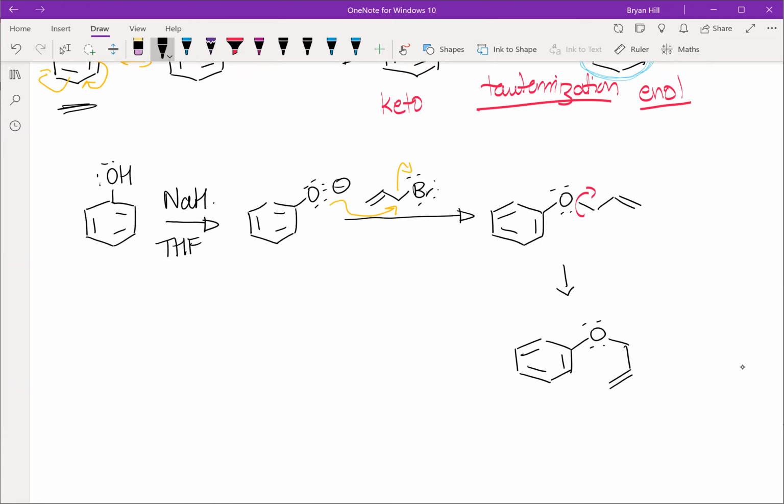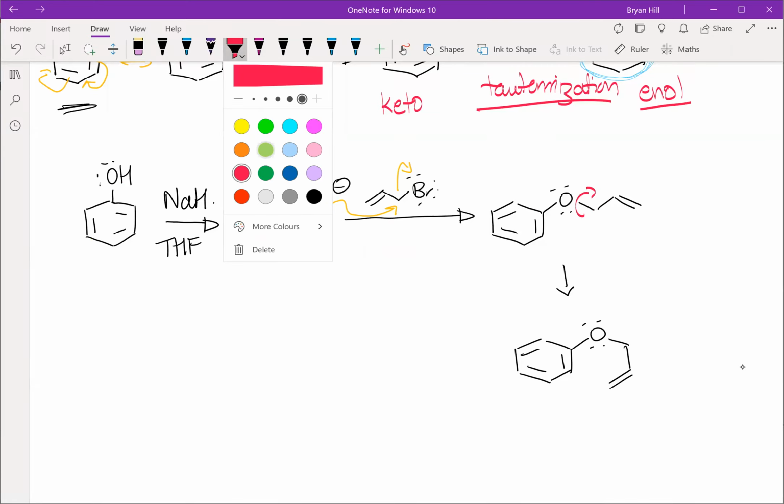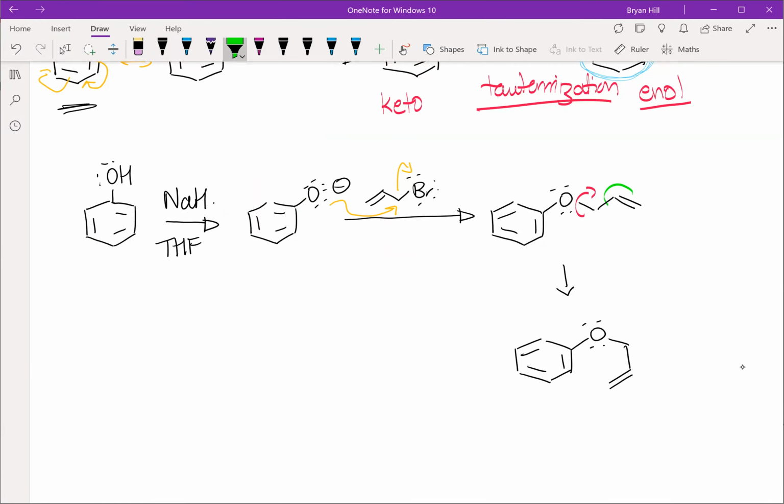And so depending upon the substitution pattern on this double bond here, you can make some really interesting products.